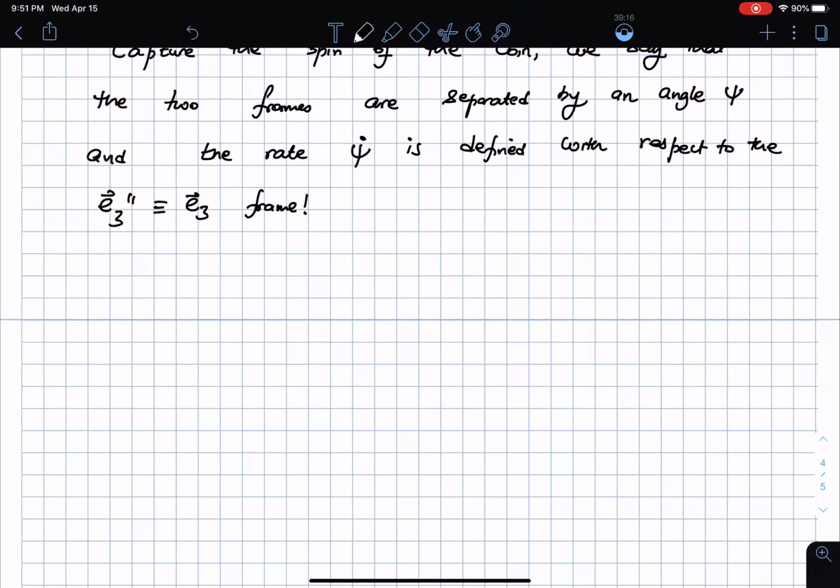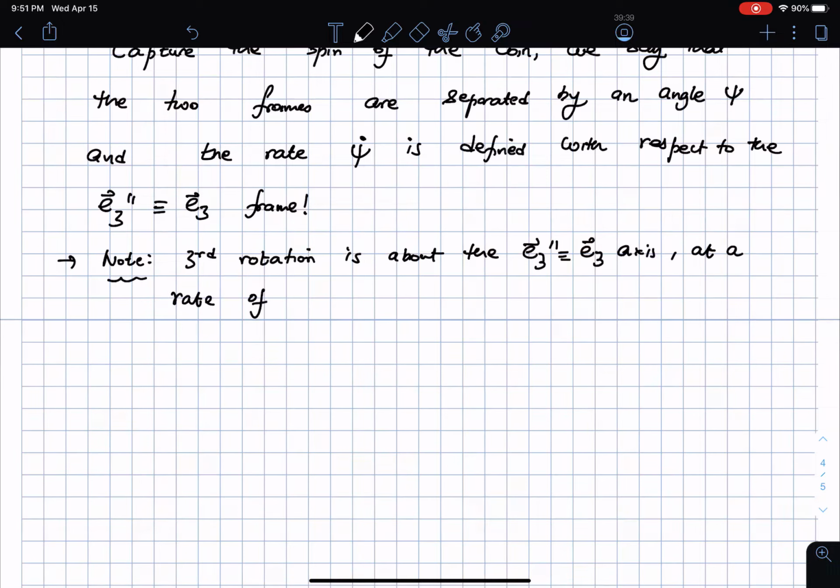Note that the third rotation is about the E3 double prime or the E3 axis at a rate of psi dot. So this is the 3 axis rotation.